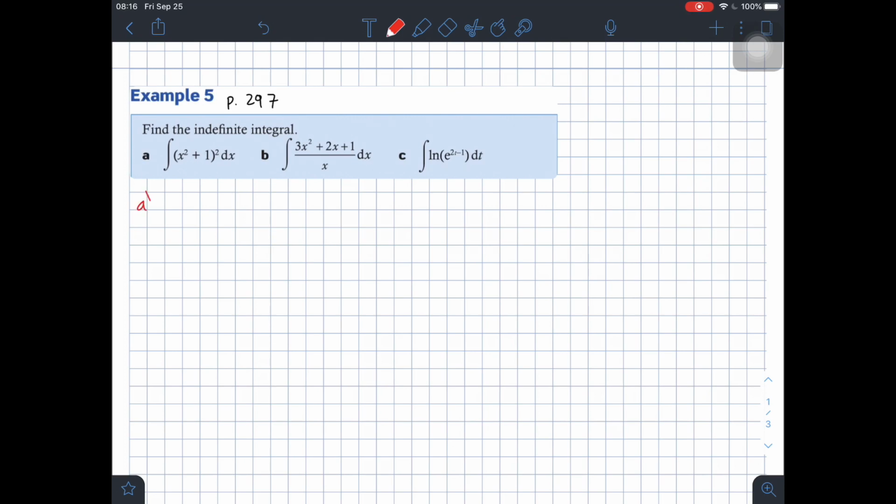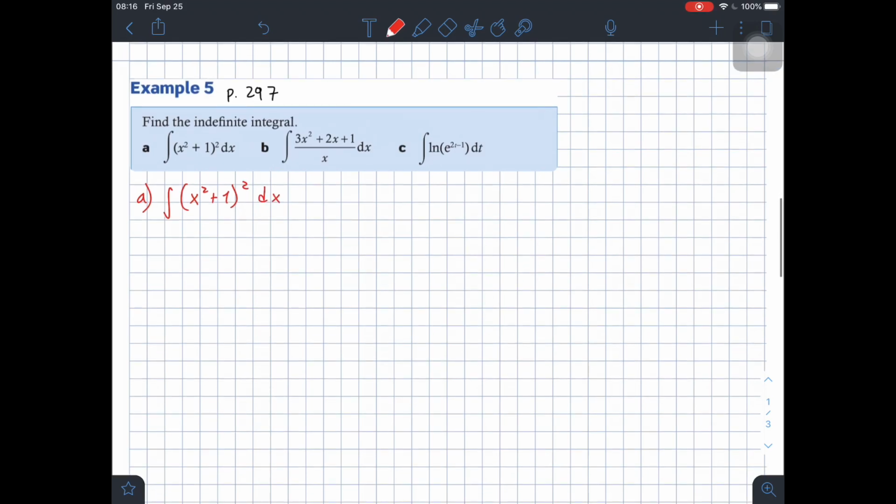For example, in part A, we have the integral of x squared plus 1 squared with respect to x. One thing that I'm thinking about doing, which will make this much easier, is to expand this expression.